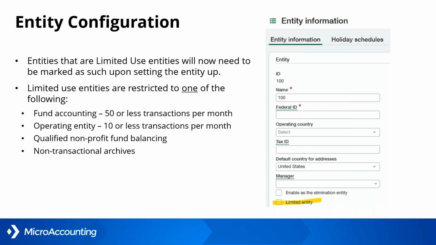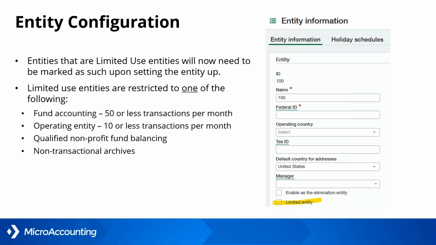If it's an operating entity for a for-profit industry, then 10 transactions a month or less, or it's for qualified nonprofit fund balancing or a non-transactional archive entity. So if it's an entity that's no longer being used, but you need it for archive purposes, then that would qualify as a limited entity as well.